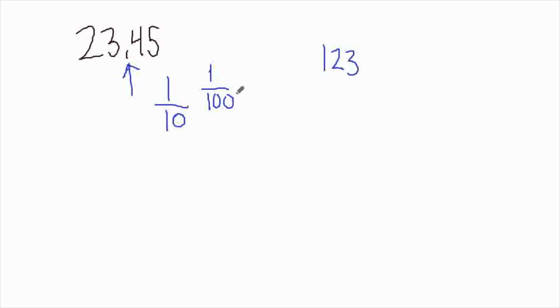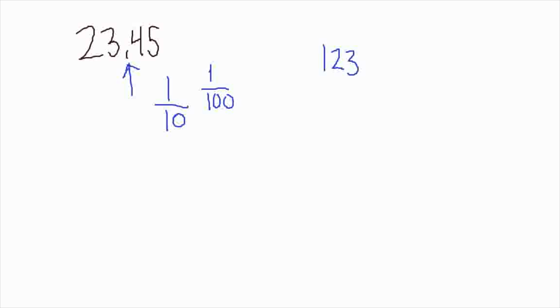Putting it all together, 23.45 means I have 2 packets of 10, 3 quantities, 4 little tiny 1/10 pizza slices, and then 5 little 1/100th pizza slices. That's how I want you to think of a decimal.